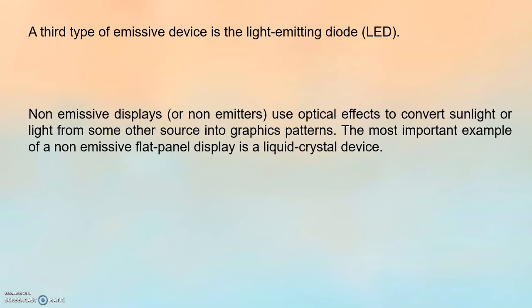These non-emissive devices produce a picture by passing polarized light from the surroundings or from an internal light source through a liquid crystal material that can be aligned to either block or transmit the light.